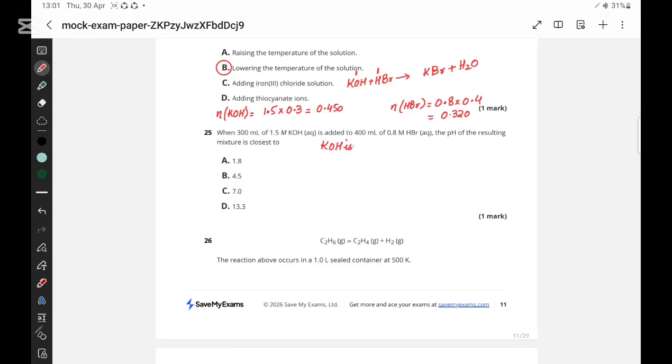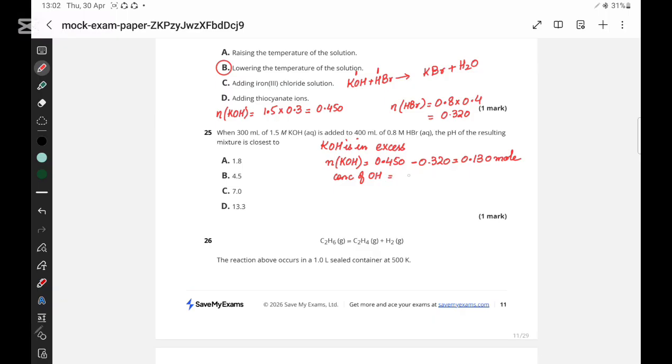KOH is in excess, and to find the moles of KOH remaining, we do 0.450 minus 0.320. The excess KOH comes out to be 0.130 moles. Now we are going to find the concentration of OH ions, because that is basically coming from KOH.